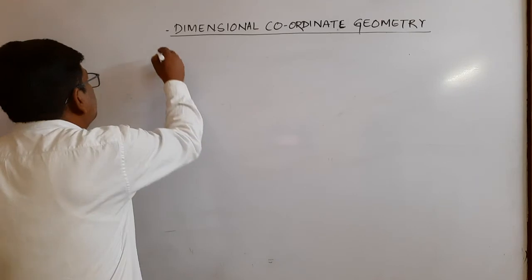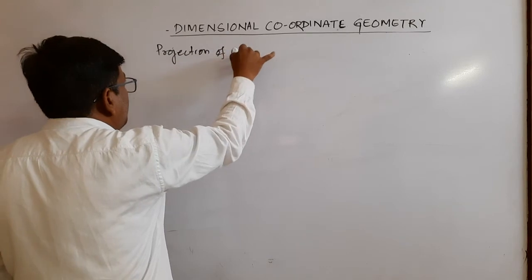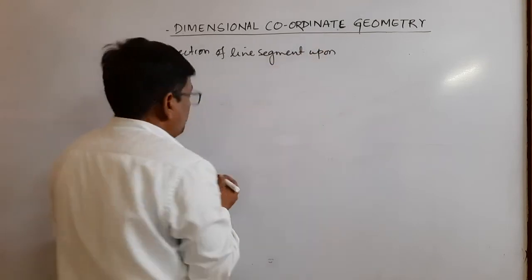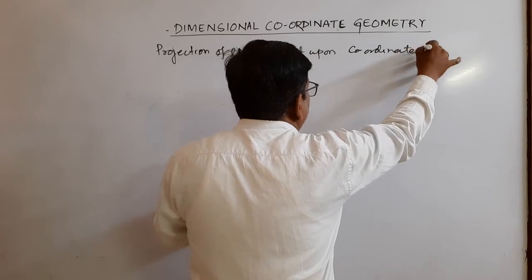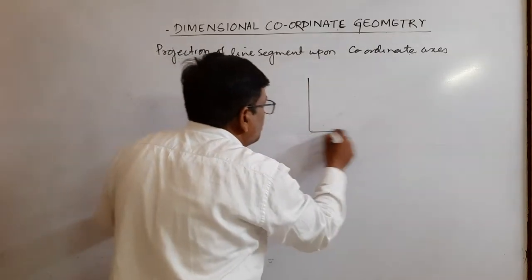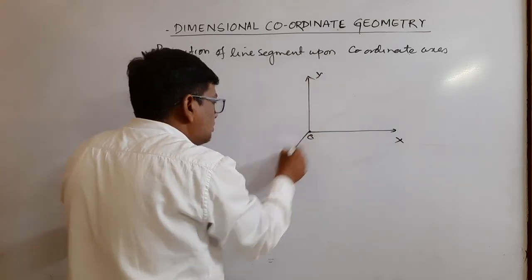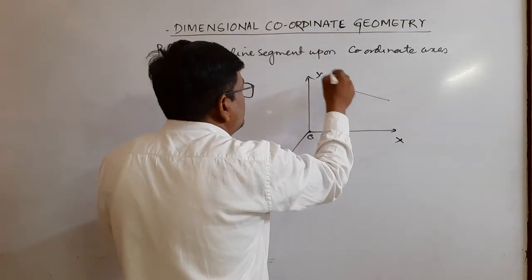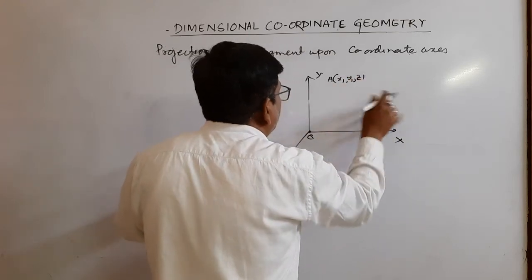Suppose this is a 3-dimensional system and this is the origin, this is the x-axis, this is the y-axis, and this is the z-axis. Suppose the line is like this.